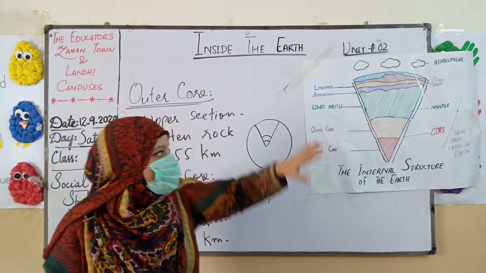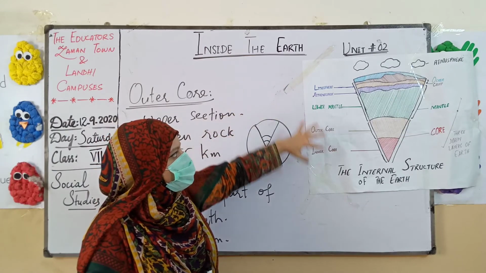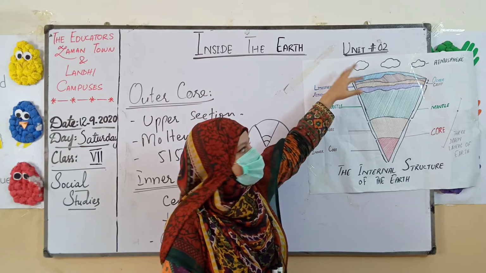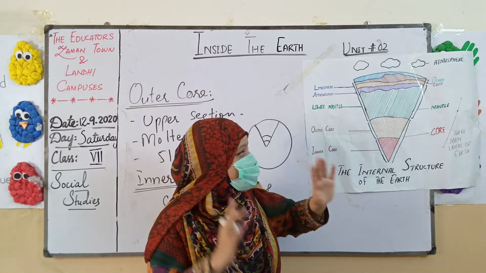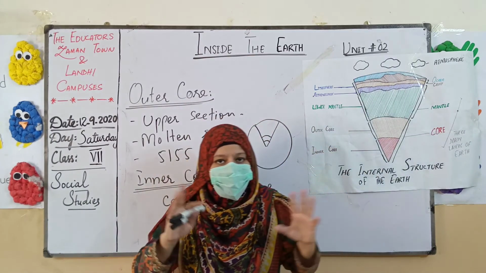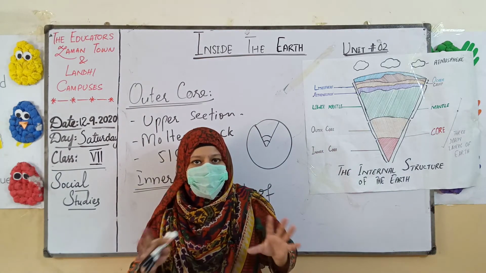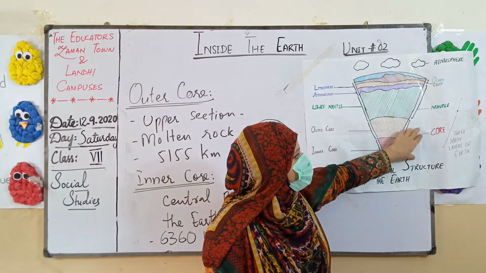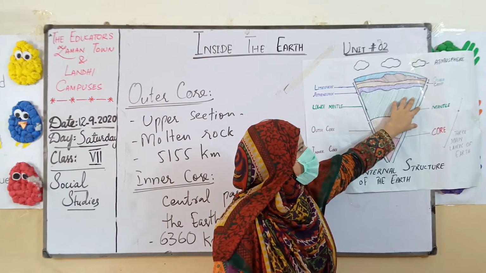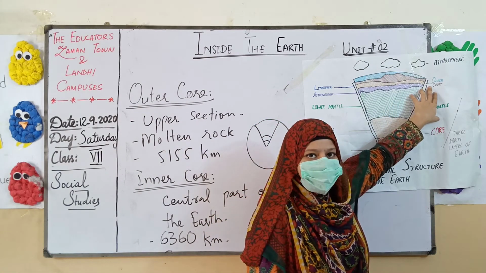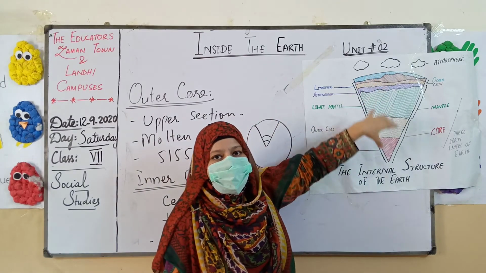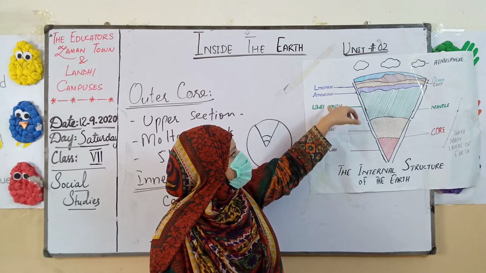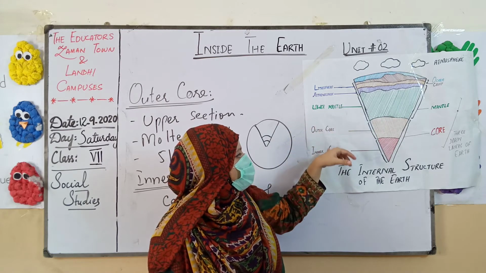Students, so here we have discussed all the layers of the earth. Above the crust, the atmosphere is present. If we compile the whole lecture, there are only 3 main layers: the innermost core, the middle one mantle, and the outer one crust. These layers are further divided into lithosphere, asthenosphere, lower mantle, outer core, inner core.